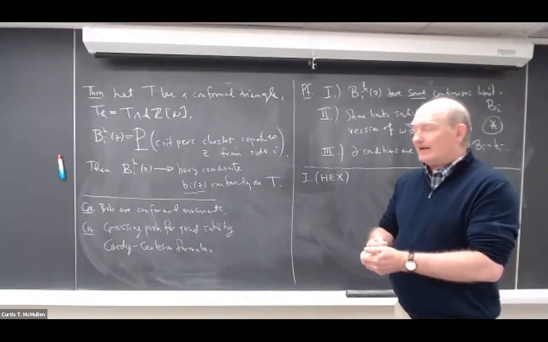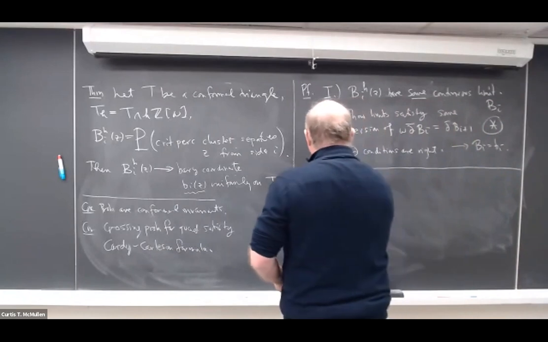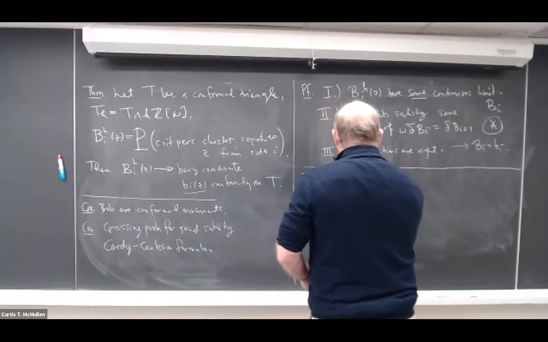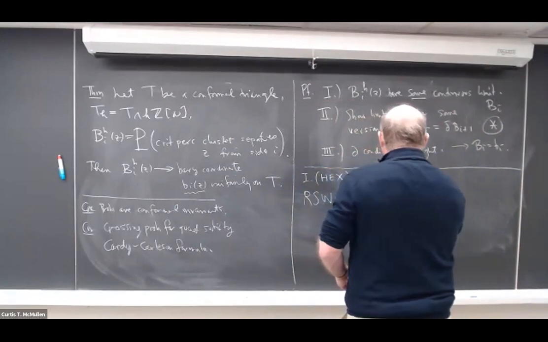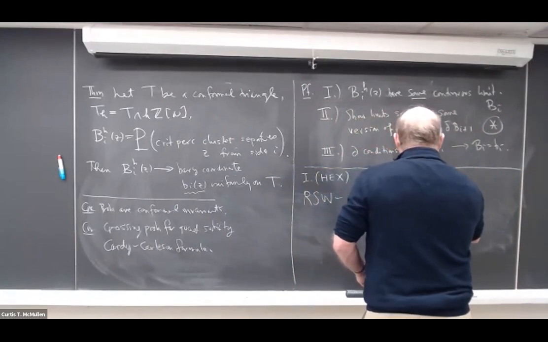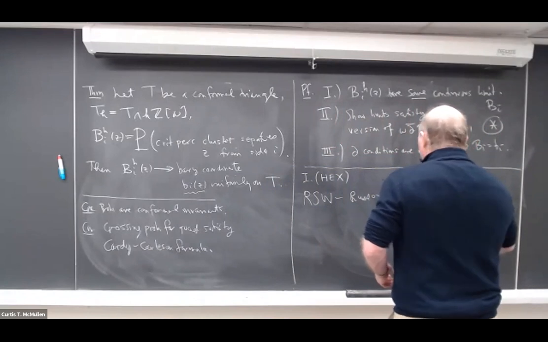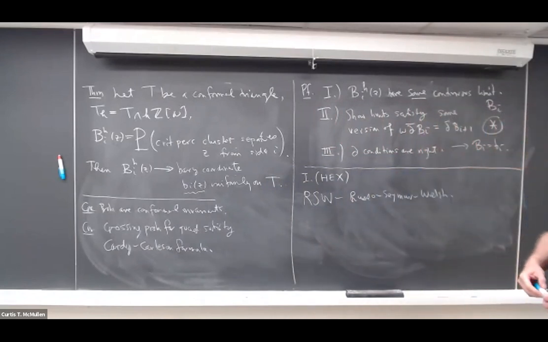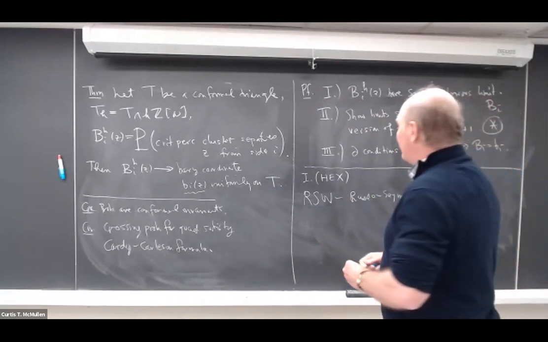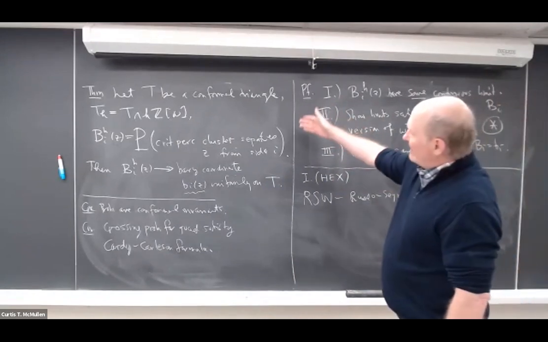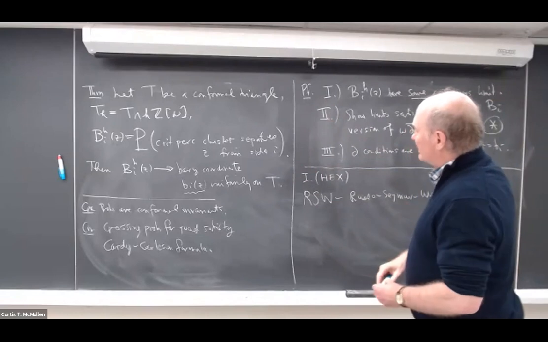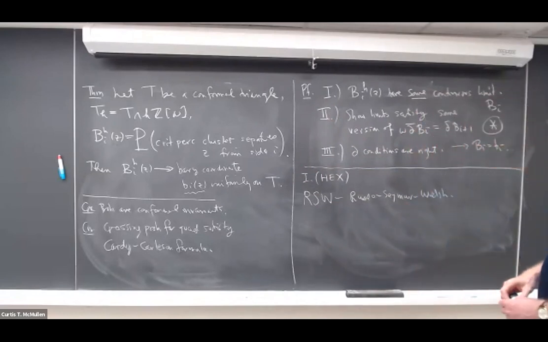So I'm going to state a theorem that's due to what's now called RSW theory, or Russo-Seymour-Welsh. This took about 20 years to develop, and it's the kind of thing people could prove before they were able to get these remarkable conformal invariants and exact values.